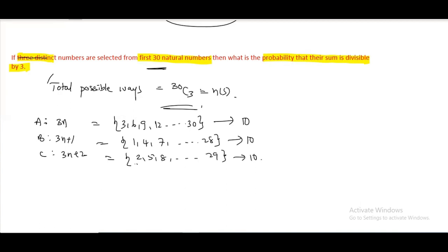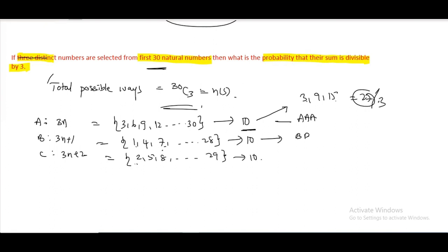Now the sum of the selected three numbers should be divisible by 3. If I select the three numbers only from the first group, whatever 3, 9, 15, 12, 27, it is divisible by 3. So I can select all three numbers from this group, call it A, or I can select all three from B also, because 1 plus 4 plus 7 is 12, which is also divisible by 3.